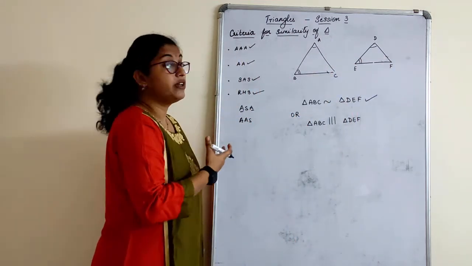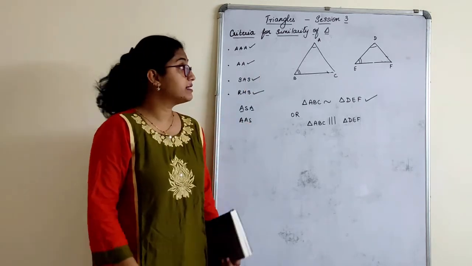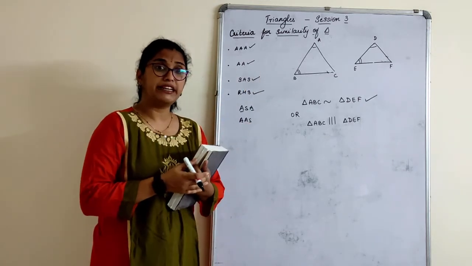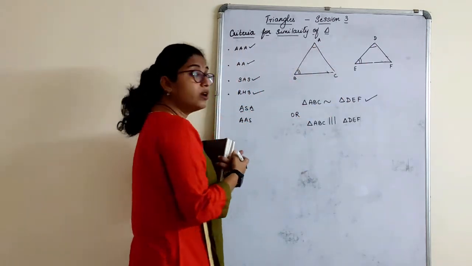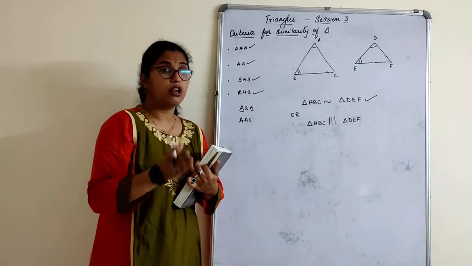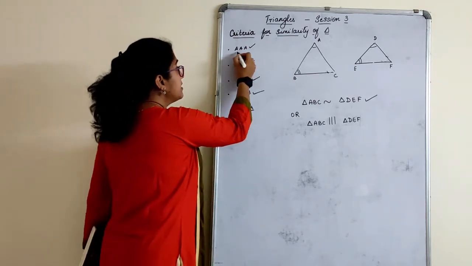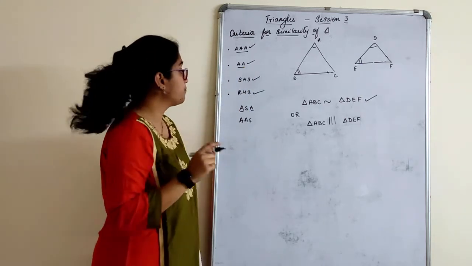We only find that two angles of a triangle are equal to the corresponding two angles. By the angle sum property, the third angles are always equal. So it is either AAA or AA criteria.